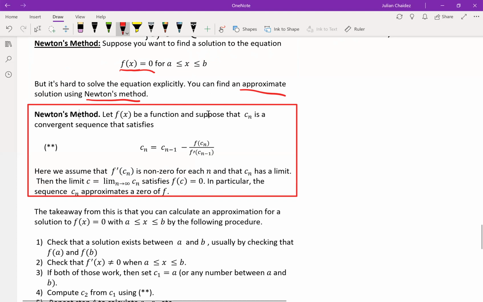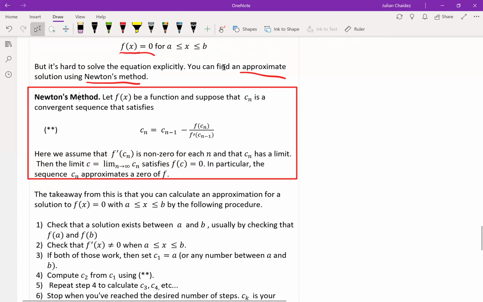Newton's method starts with the following fact. Let's say I have a function f of x, and a sequence Cn that satisfies the following recursion relation. That means Cn is defined in terms of Cn minus 1 as follows: Cn is given by Cn minus 1 minus f of Cn minus 1 divided by f prime of Cn minus 1.